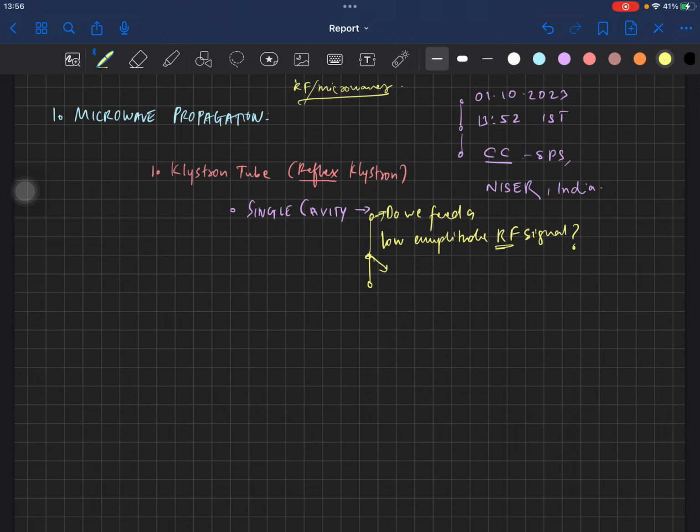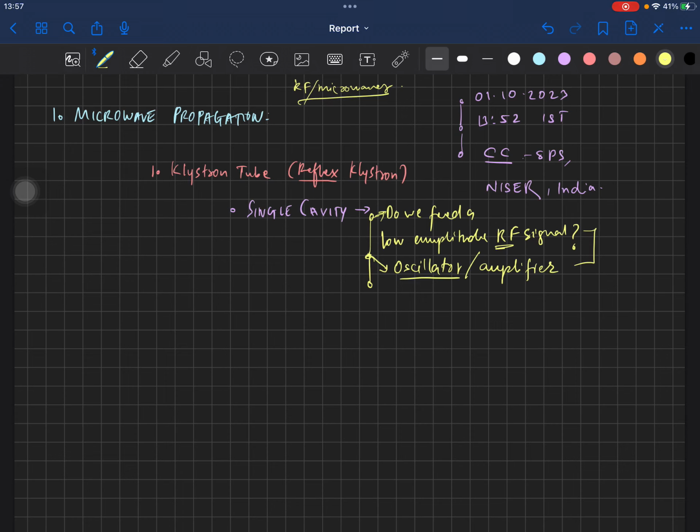If we are feeding, where are we... I mean, it's all connected now. It's producing fields, and you need another cavity to do that. I saw somewhere, in fact in almost all of the resources, that it can be used as an oscillator or an amplifier, right? So I'm supposing if you are feeding a low amplitude RF signal, you are using it as an amplifier.